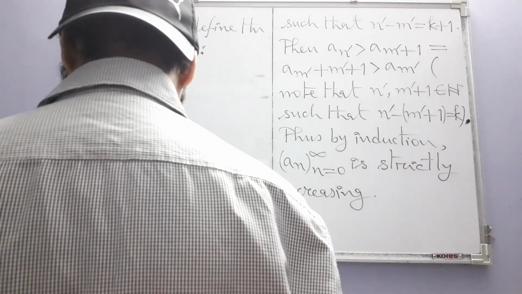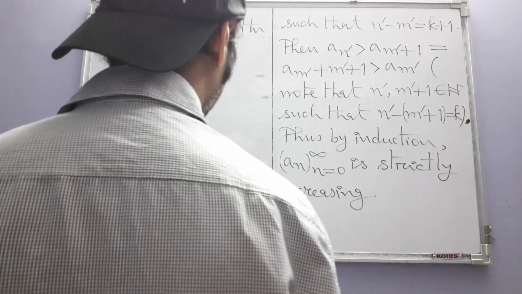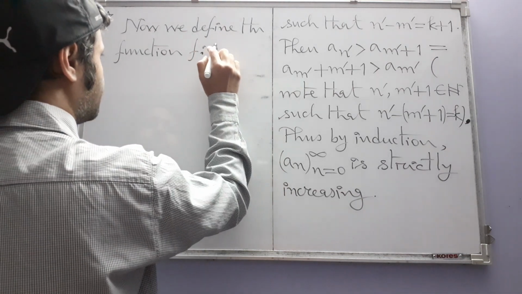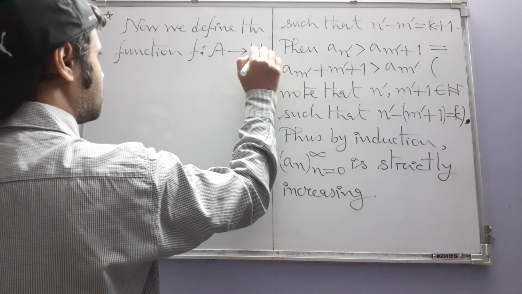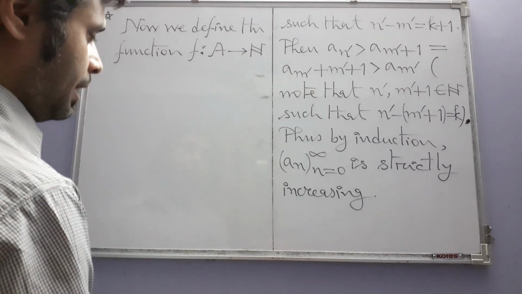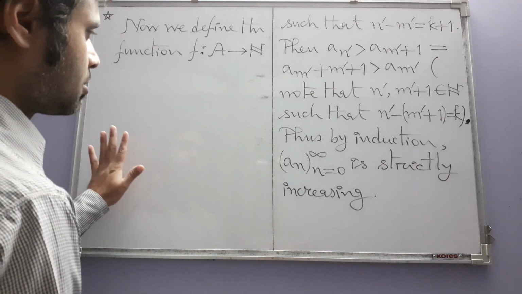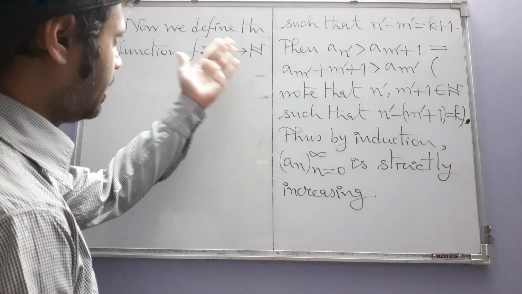No, we are not defining it from N cross N. We are defining it between A and N directly using this sequence. Because A itself is a subset of N cross N, and we are concerned about its countability. So naturally we would define a map between A and N.